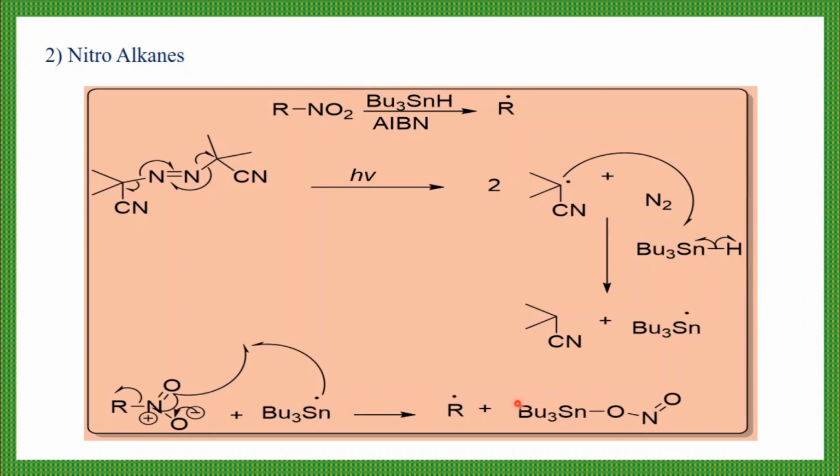It's unstable, and the tributyltin radical forms a bond with the oxygen, and it generates the R radical. Now we can add this radical into any carbon-carbon double bond or carbon-carbon triple bond. You can use this radical for intra- or intermolecular carbon-carbon bond formation.